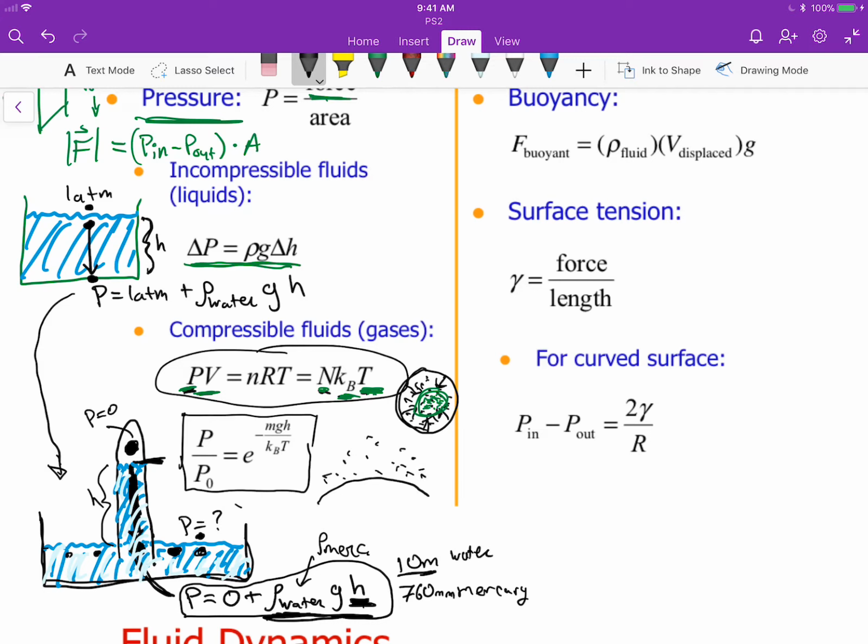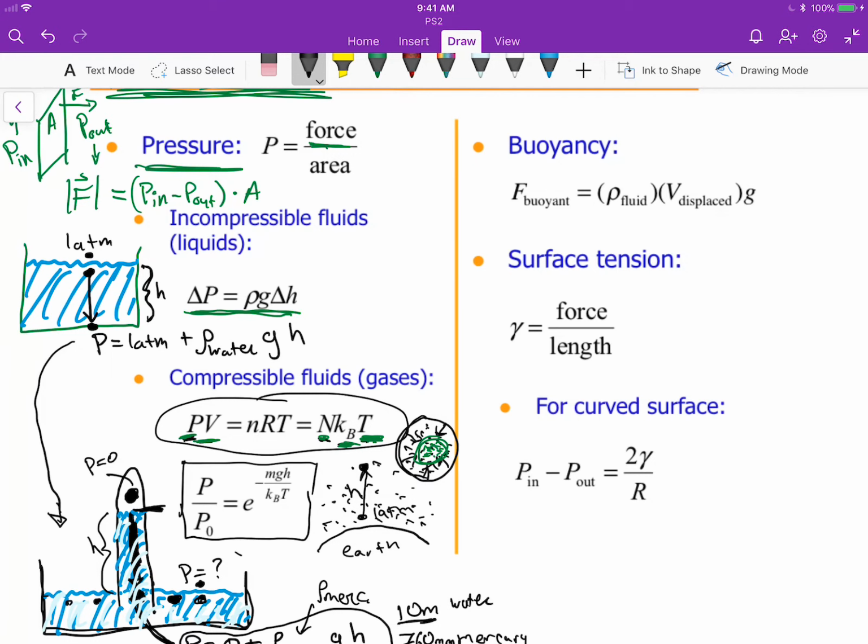This is like the atmosphere of Earth, and basically this equation describes what the pressure will be if you're going from 1 atmosphere and you want to figure out what the pressure is higher up here at some height h.